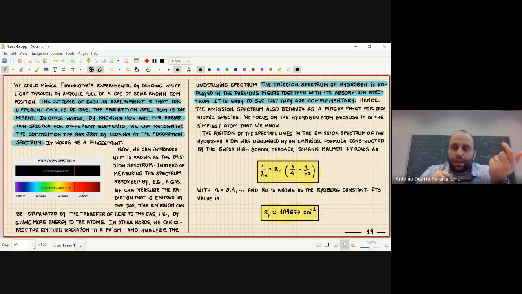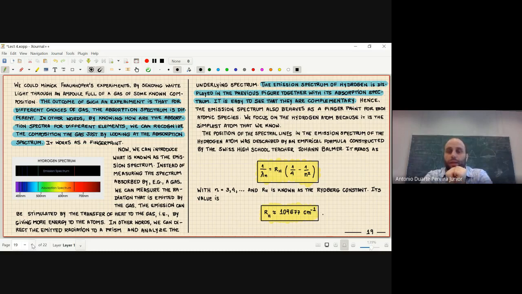And what is fantastic about that is the following. Let's say that you do this experiment for some gas of type 1. You have some random gas that you know what it is, and you detect what colors are missing. You see that you get some profile of dark lines.